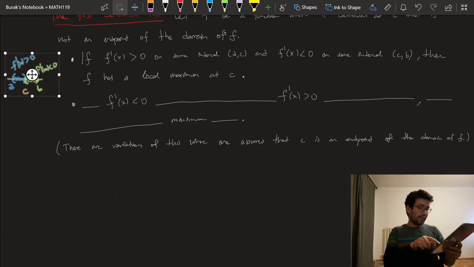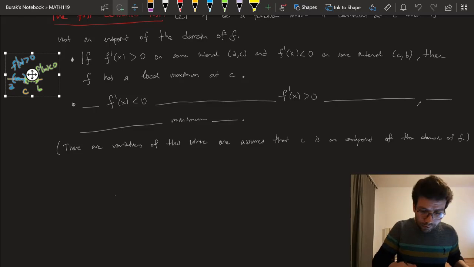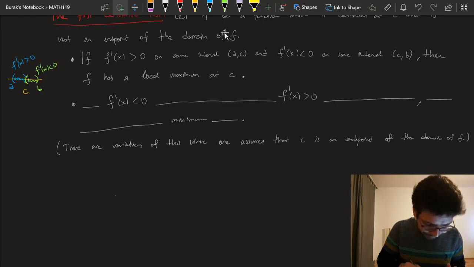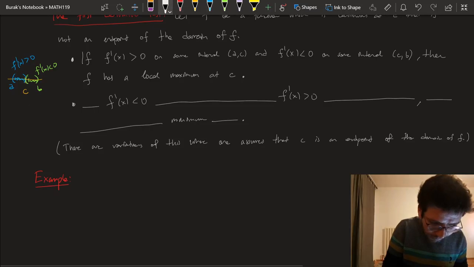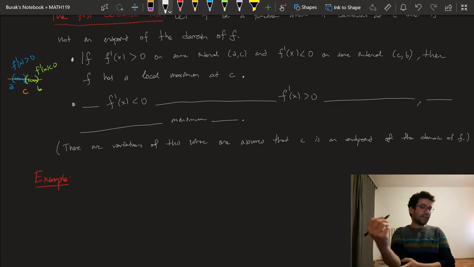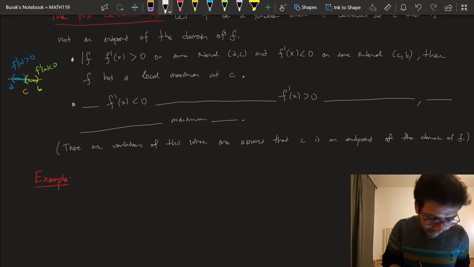So this is the first derivative test. Let's see the first derivative test in action. Example. Let's start with a polynomial.